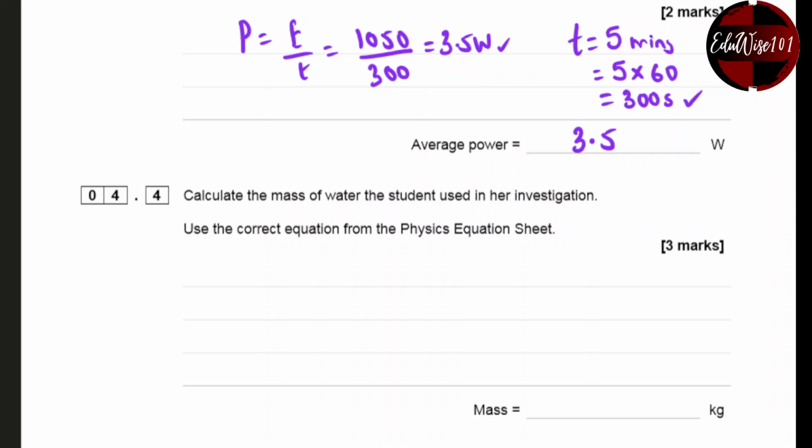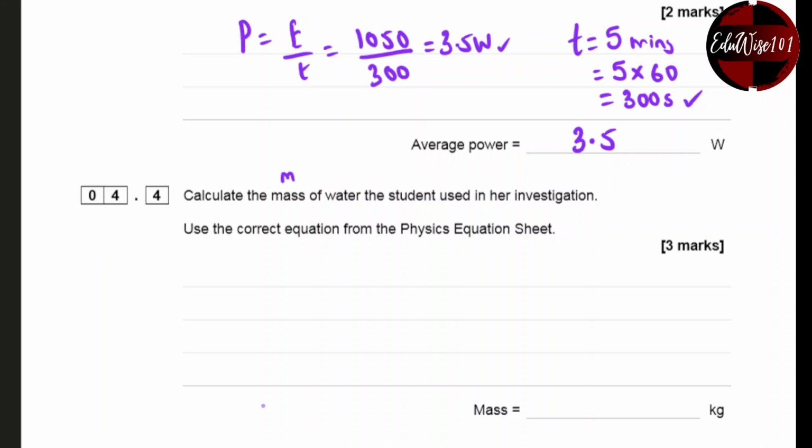Next part. Calculate the mass of water the student used in her investigation. Now, to calculate the mass of water, which is M, you need the equation that links the values given above.